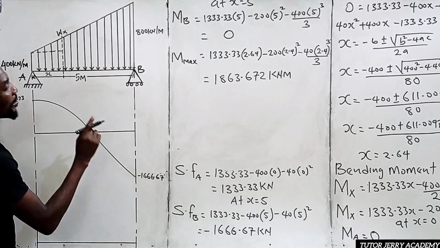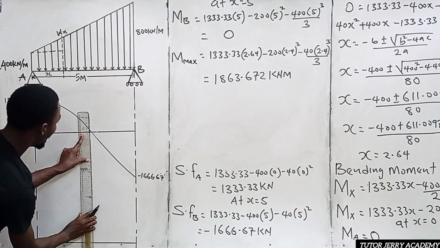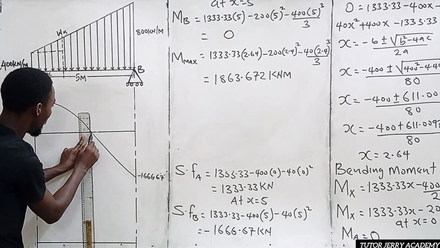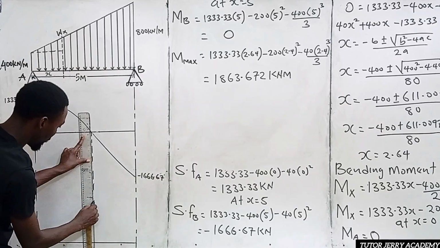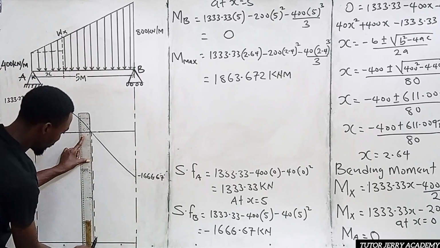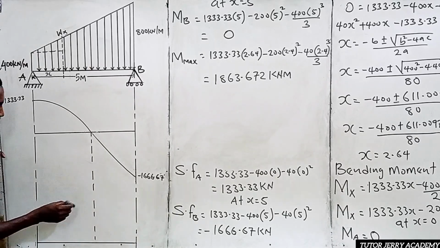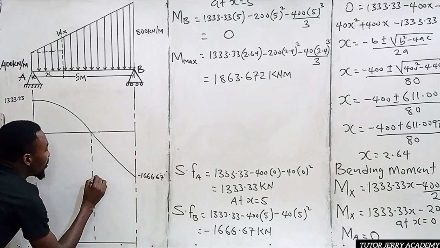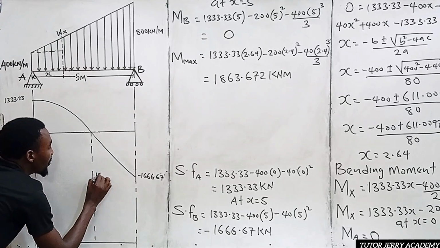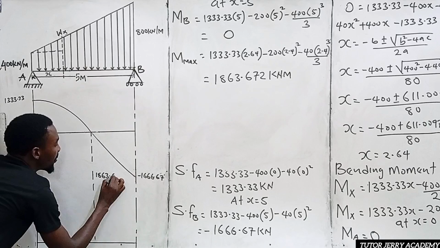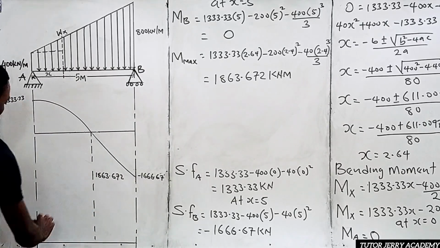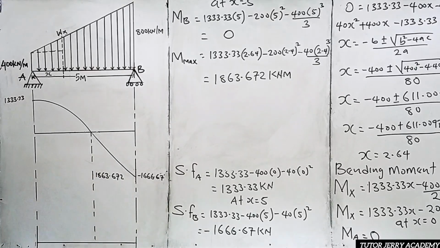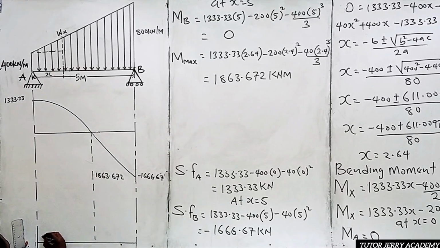But our maximum bending moment, if you trace it from this line down, since our shear force diagram is equal to 0 here, we said our maximum bending moment is 1863.672, since it is a positive value. So we are going to draw a curve from this point to join this point, and a curve to join this point. Then that will be our bending moment diagram.